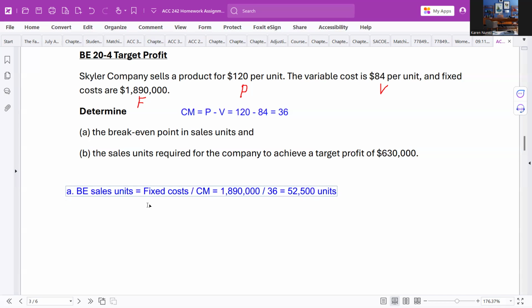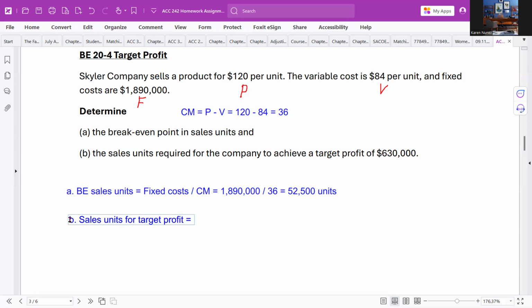On the other hand, if they want to do more than break even, and they want to do more than just cover their costs, they want to generate a profit. Well, if that's the case, then we want to modify this equation, right? So sales units for a target profit.